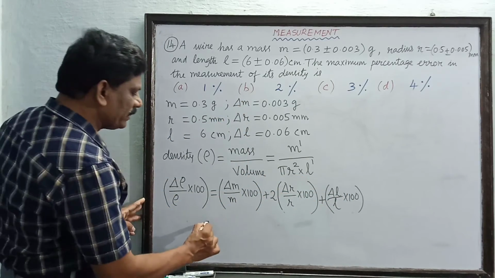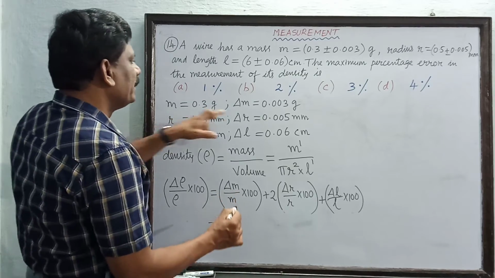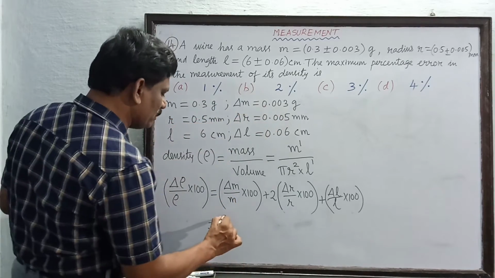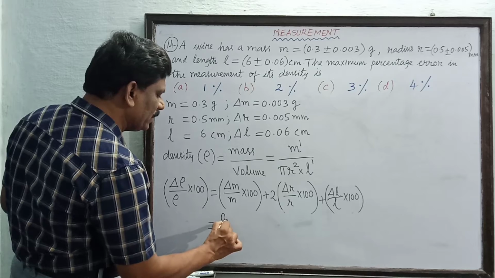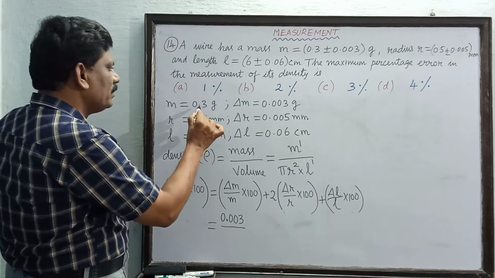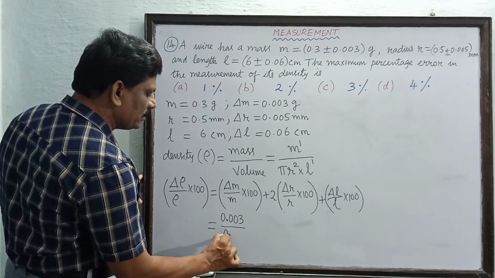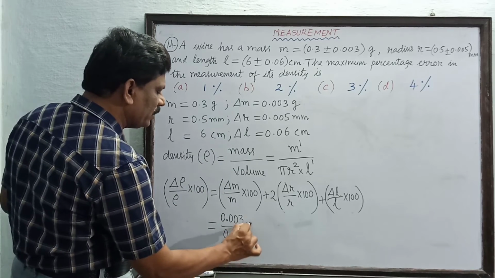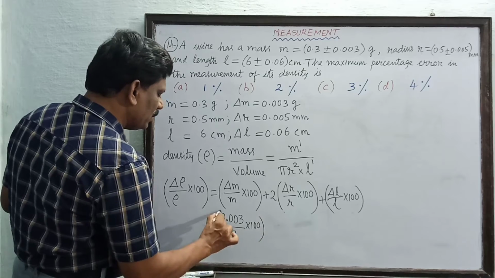So you tell me now what is the value of delta m. Delta m is 0.003. So this is 0.003 divided by m is 0.3, into 100. First one. Okay.